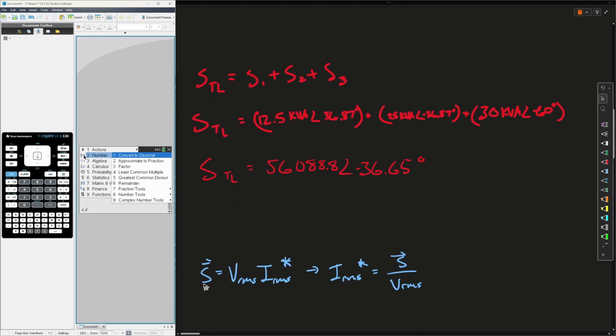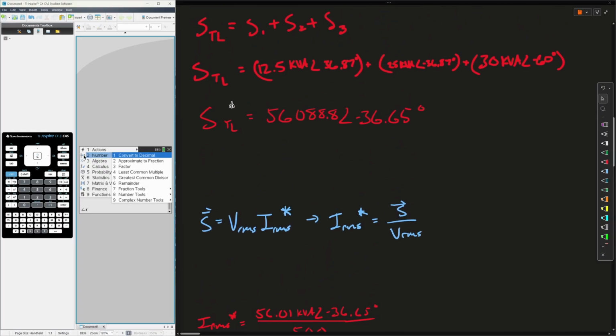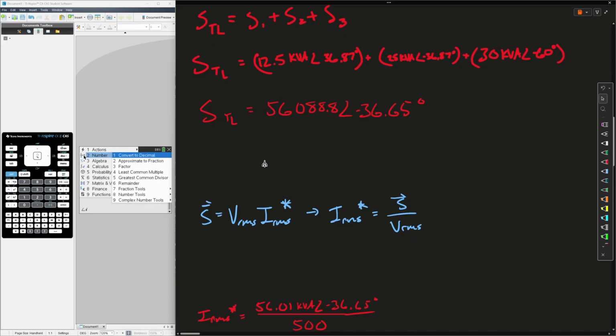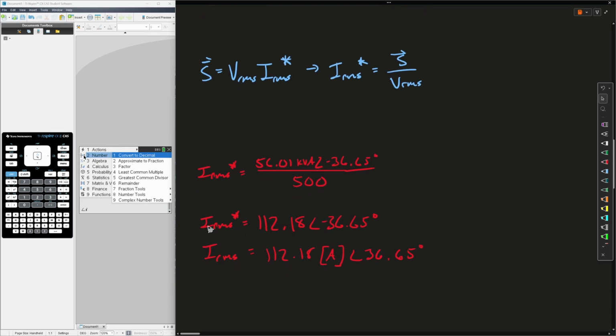And then using complex power equals VRMS and the complex conjugate of IRMS, switching it around to get you the complex conjugate of IRMS equals complex power over VRMS. Since we already have 500 for our VRMS, and then our complex power for all the loads, you would just put the complex power for all the loads over VRMS, and that would get you the complex conjugate of IRMS equals 112.18 at negative 36.65 degrees.